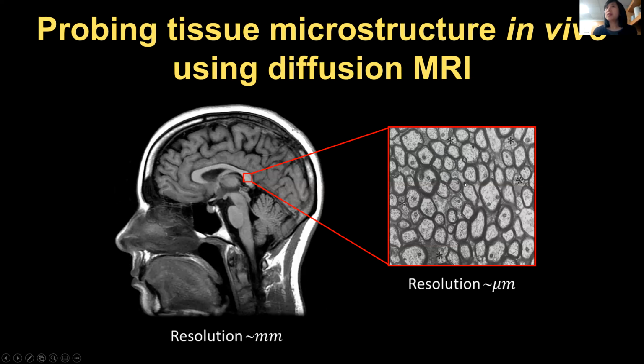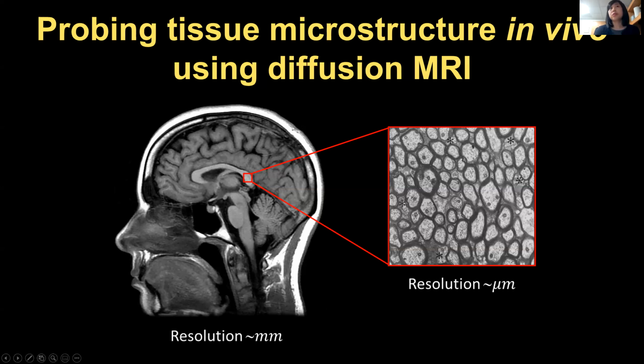The dimensions of these structures, on the order of microns, are much smaller than the nominal voxel size of MRI, which is typically on the order of millimeters. As such, I would venture to say that diffusion MRI holds the most promise among non-invasive imaging methods for probing cellular structures of any depth and location in the human brain.